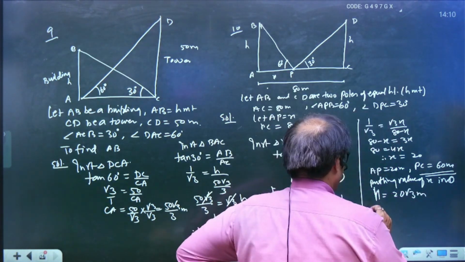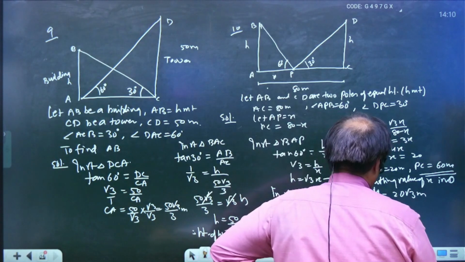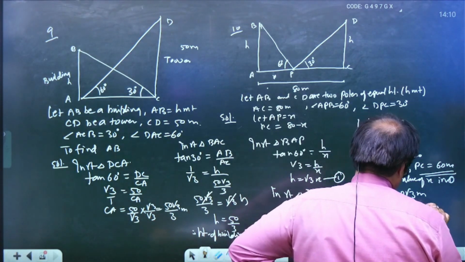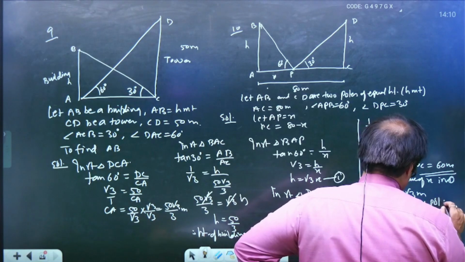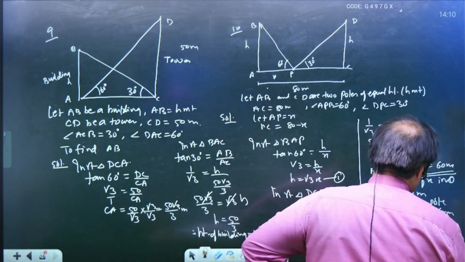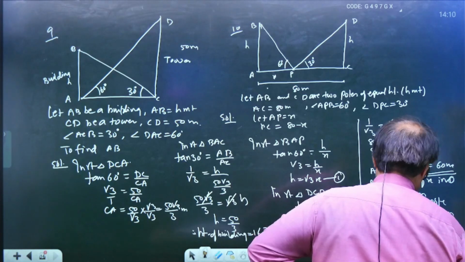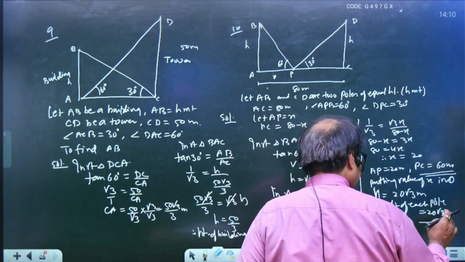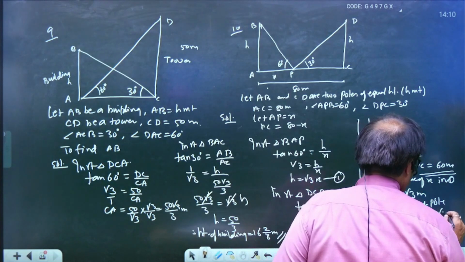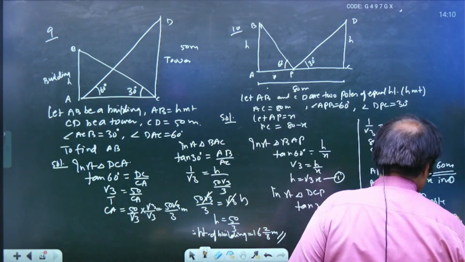Therefore, the height of each pole is 20 root 3 meter. So we will write the answer in words also: 20 root 3 meter.